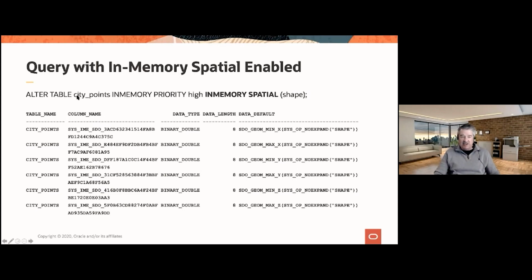You'll say alter table, and in my case, I used city points, which is the same example that's in the spatial and text user guide. I think that's what it's called. And then you say in-memory spatial, and you give it the column, and then we go through and create these indexes basically through virtual columns that we can then populate in the column store. Does that make sense? I haven't had to do this yet, so this is all on the fly.